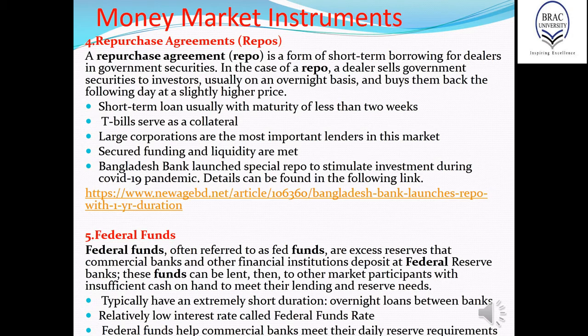Bangladesh government recently launched a special repo to stimulate investments during the COVID pandemic. Under the newly introduced special repo facility, the banks, all the private banks I mean, would be able to avail credit directly from the central bank at around 6% interest for 360 days.